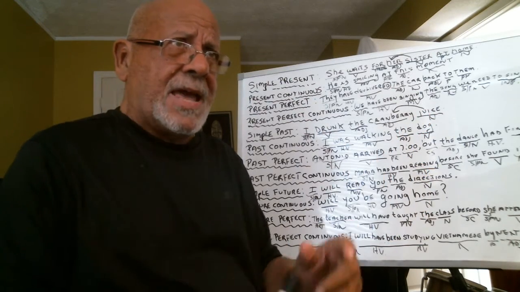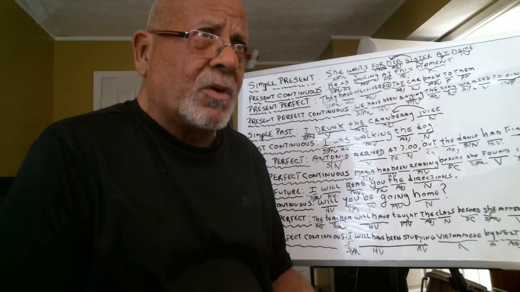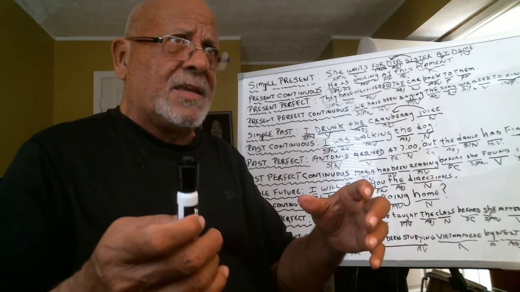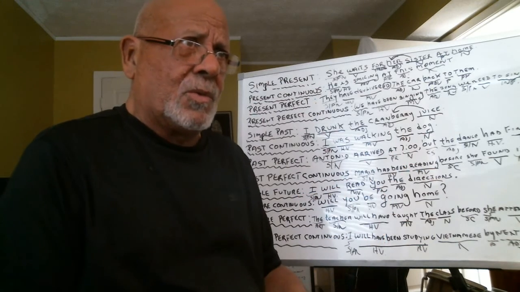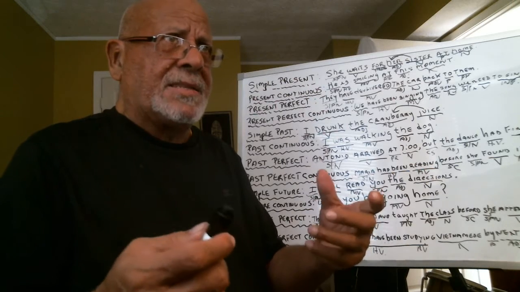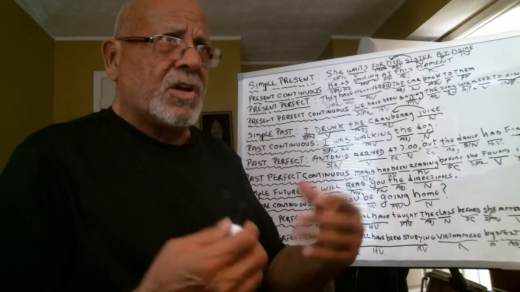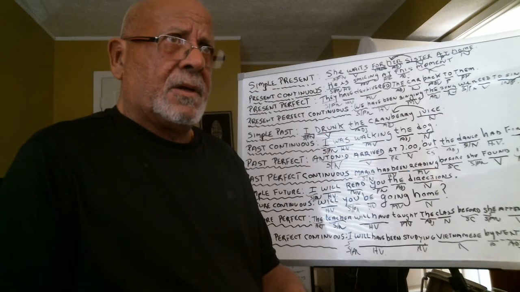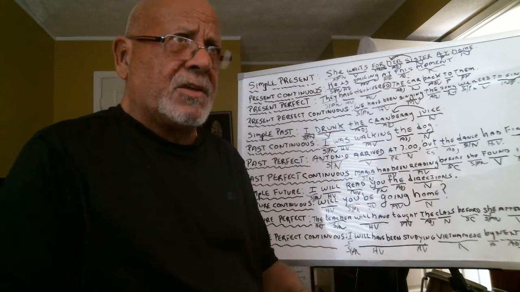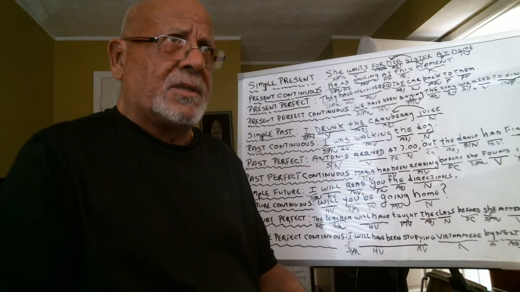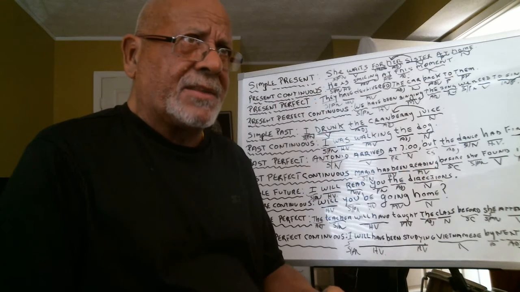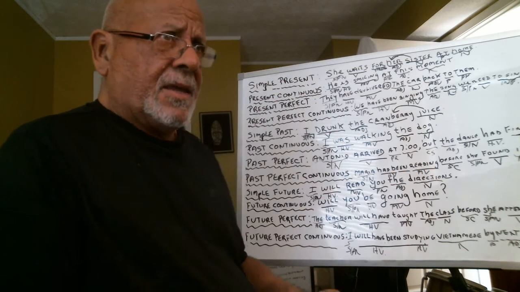We should be recognizing adverb clauses. We work with adverb clauses. We should be recognizing adjective clauses. We work with adjective clauses. We should be recognizing the conjunctions. Okay, the coordinating conjunction, the subordinating conjunction, the correlative conjunction, the conjunctive adverb. Okay, we need to practice every single day.